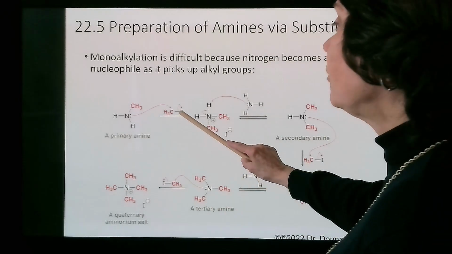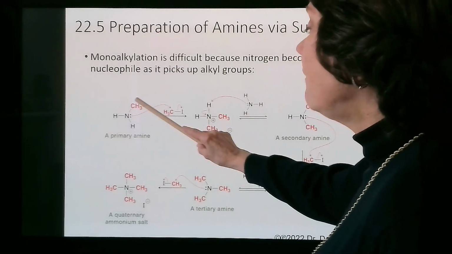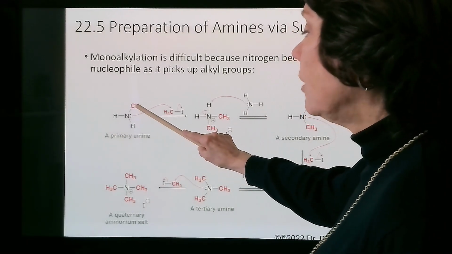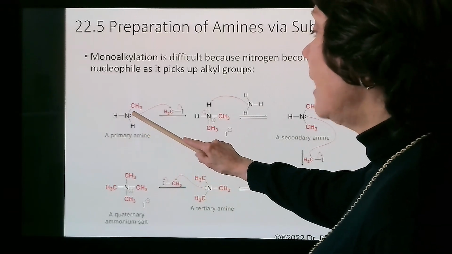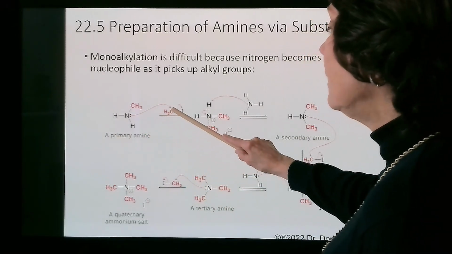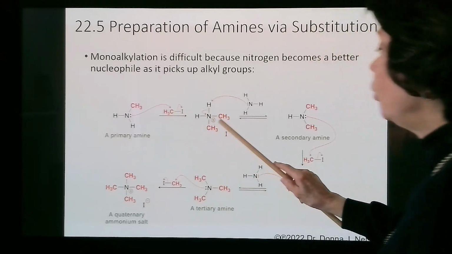So if you have an excess of methyl iodide, you'll have the first alkylation shown on the previous slide, and then as I discussed, the pair of electrons comes in and attacks carbon to get a second alkylation.